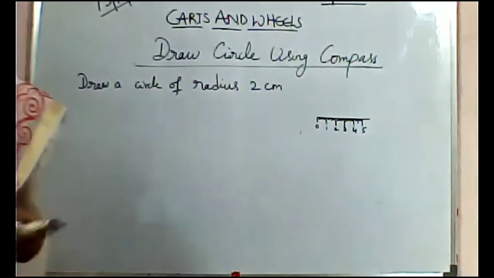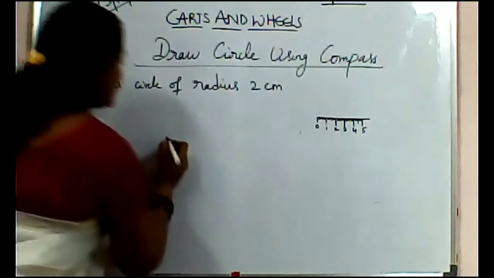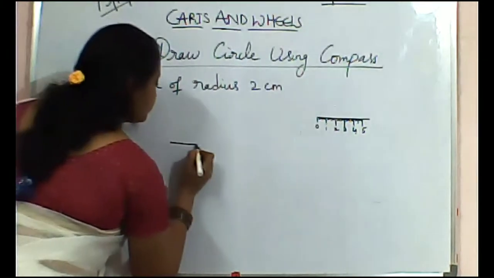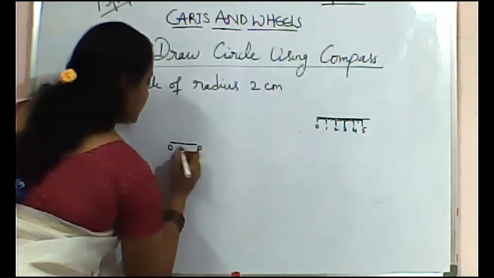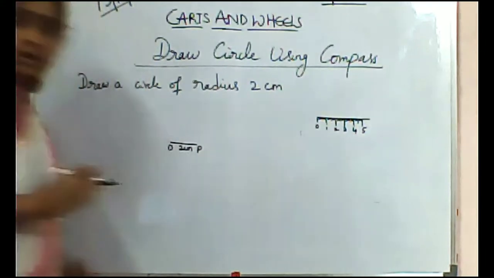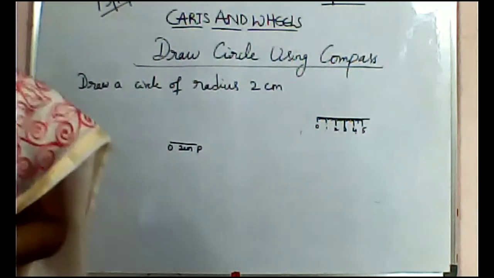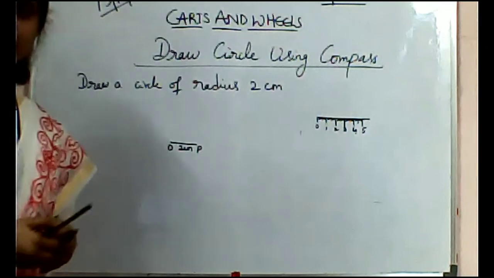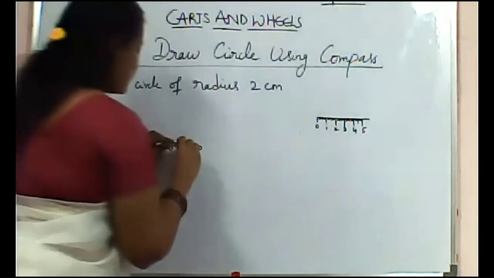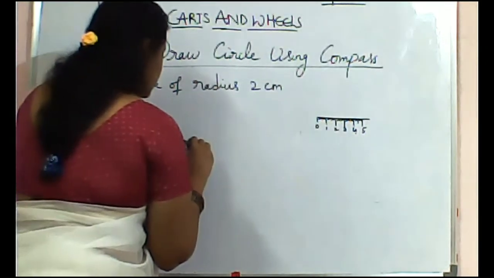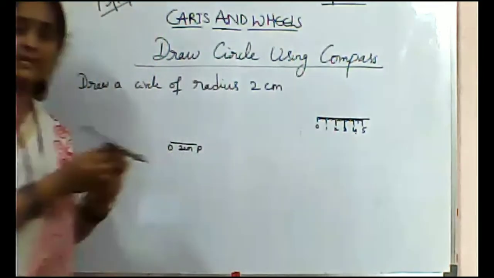So what you have to do is, first draw a 2 centimeters line segment using the scale. And then measure with the compass.